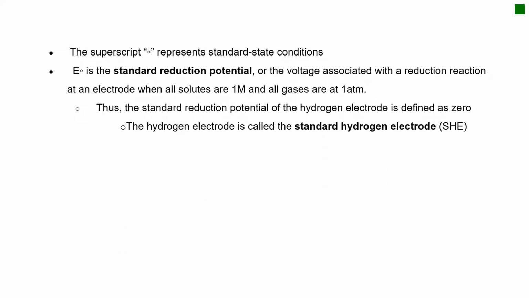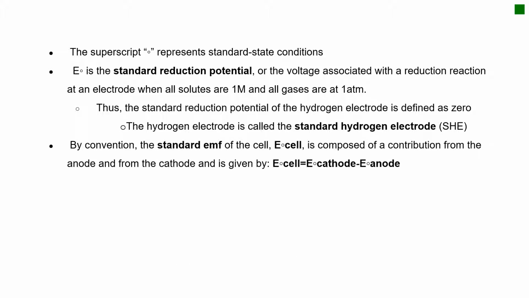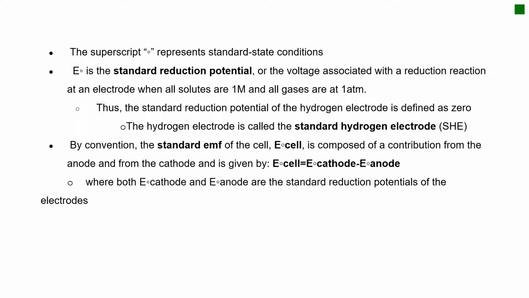Thus the standard reduction potential of the hydrogen electrode is defined as 0, and the hydrogen electrode is called the standard hydrogen electrode, also known as SHE, and SHE can be used to measure the potentials of other kinds of electrodes. By convention, the standard EMF of the cell is composed of a contribution from the anode and from the cathode, and is given here by the standard EMF equals the potential of the cathode minus the potential of the anode, where both the cathode and the anode are the standard reduction potentials of the electrodes.